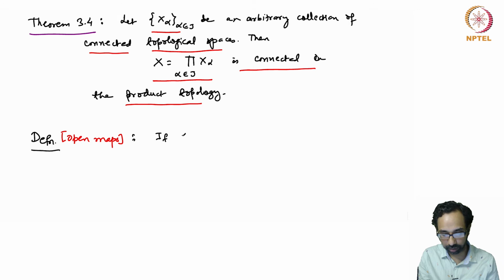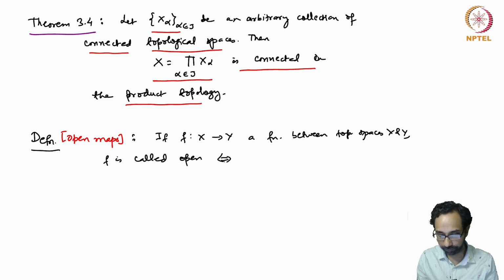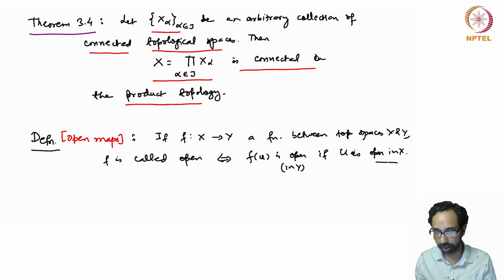If f is a function between topological spaces X and Y, then f is called open if and only if U open in X implies f(U) is open in Y. It means that it pushes open sets to open sets.